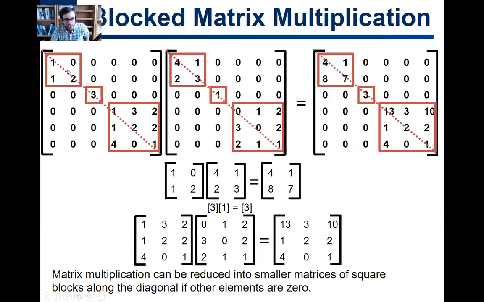And so what I've done is I've highlighted the square matrices that are common in both of these, where you got rid of the zeros. And you can see that because you have zeros all in here, for example, and zeros all in here, you don't have to consider these. You can just take squares.